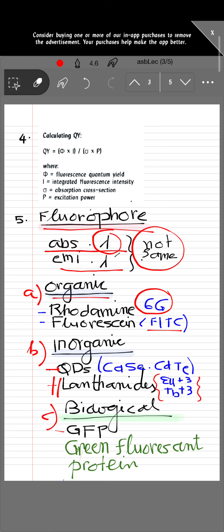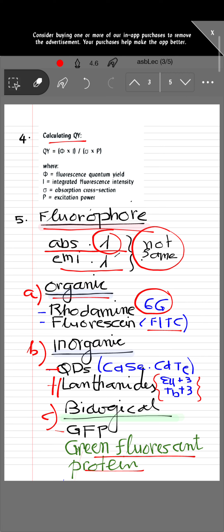They are also fluorophores. And in biological systems, we have certain biological materials like, for example, green fluorescent protein, which is also a fluorophore. And the quantum yield, again, as we have said, is the ratio of the number of photons emitted to the number of photons absorbed.